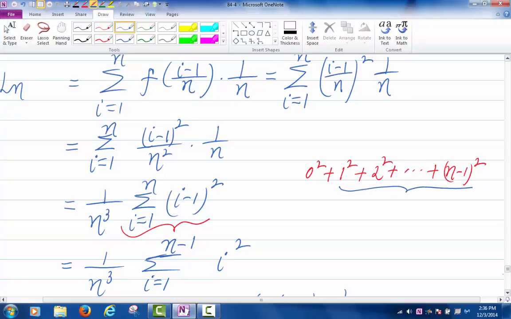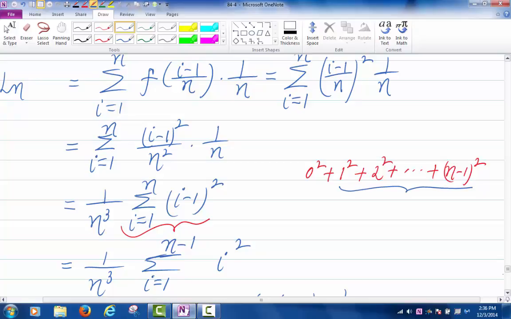And then, again, what is f of I minus 1 over n? Because f of x is x squared, I have to square I minus 1 over n. Then I get I minus 1 squared divided by n squared times 1 over n.